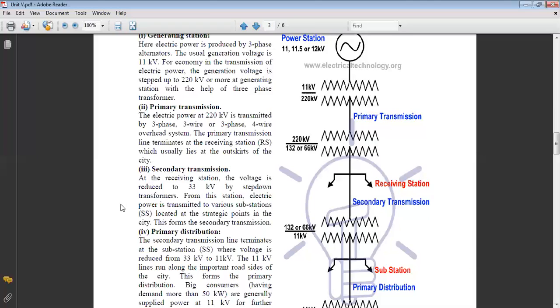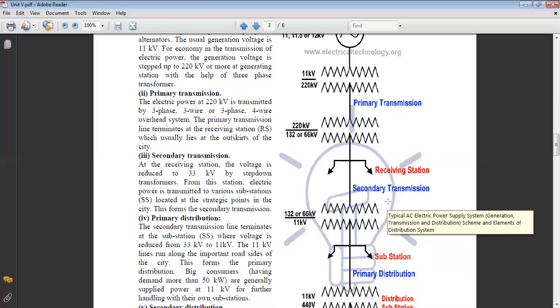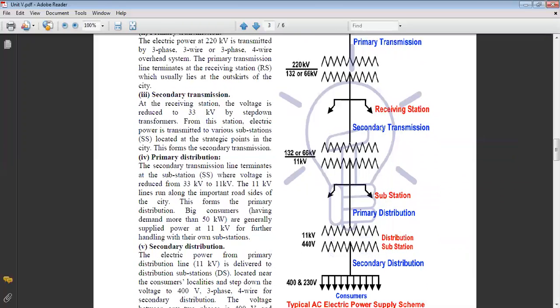From this station, the electrical power is transmitted to various substations located at strategic points in the city. Okay, so after the primary transmission, the power will come to the outskirt of the city, and from the outskirt it will go to the main city, that is the internal city, means the load center.